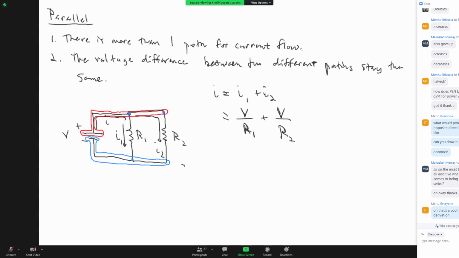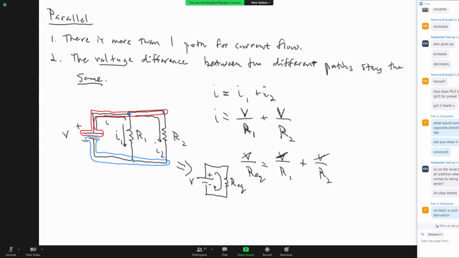Now, if we simplify this down into a one battery, one resistor circuit, and call this the equivalent resistance, the I that we're going to deal with is what we call I total. It's going to be the total voltage divided by the total resistance. Voltage divided by R1 plus the voltage divided by R2 for the other side. We can cancel out the same, since they're all the same voltage.